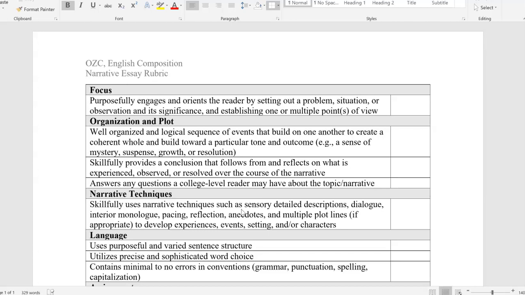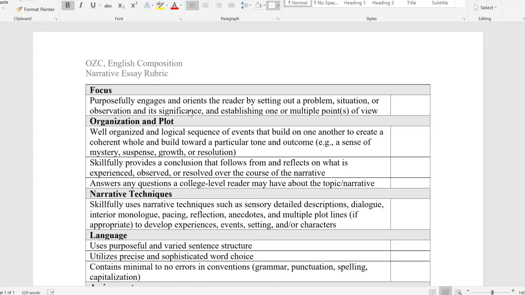All right, so the key here is this doesn't necessarily have to be the introduction entirely, but engages and orients. Purposefully engages is the most important phrase, I believe, in this one, because it has to be interesting. It has to get the audience's attention.